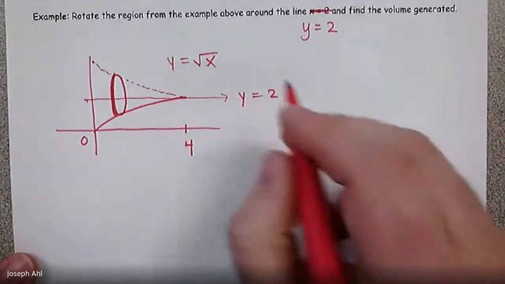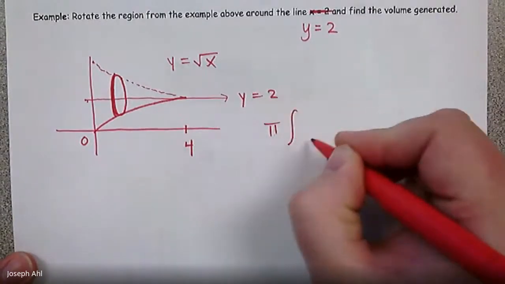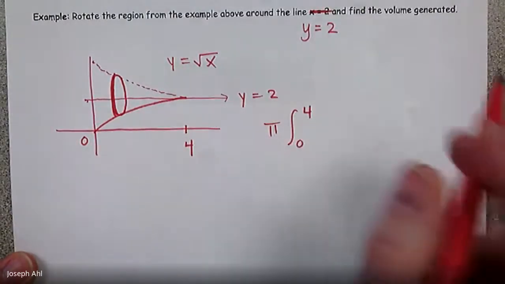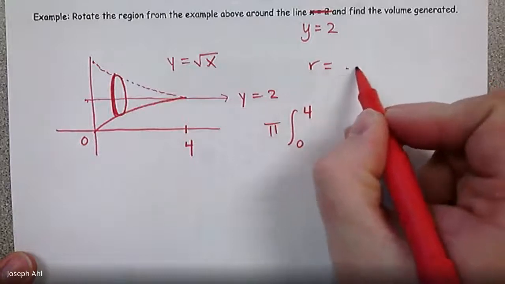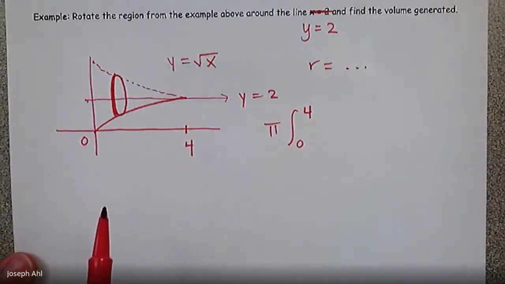And then the only other thing you have to think about here is pull the pi on the outside, pi r squared. What is r in this example? What does the radius equal?